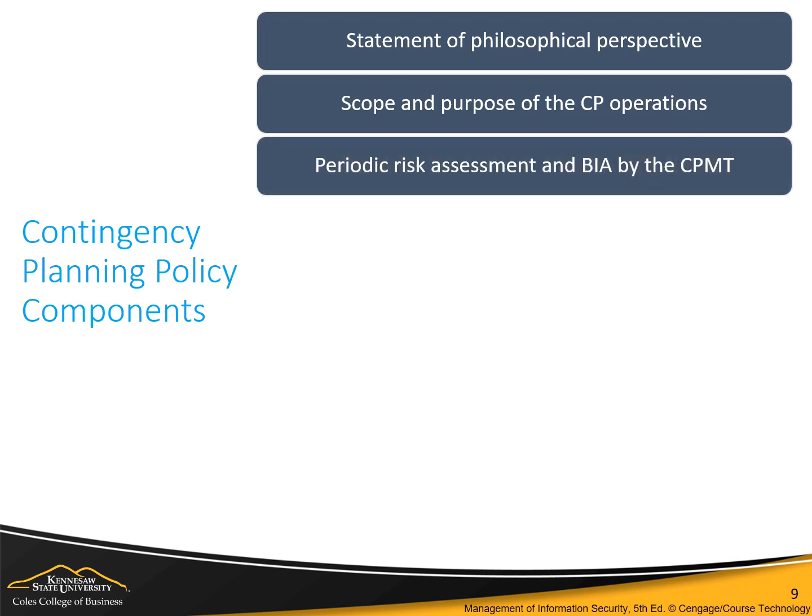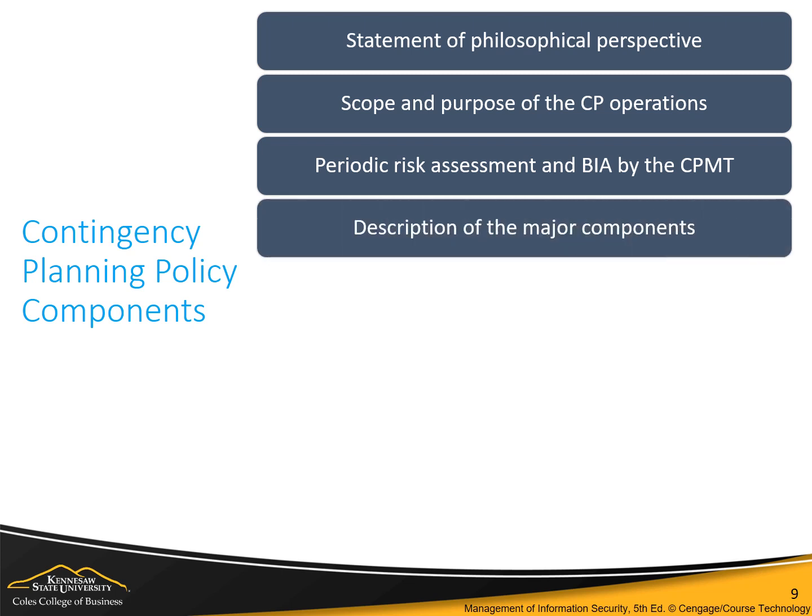The contingency planning management team should insist upon periodic risk assessment and business impact analysis. Another component includes a description of the major components of the contingency plan. How can you summarize it clearly and succinctly in terms that business people will understand?